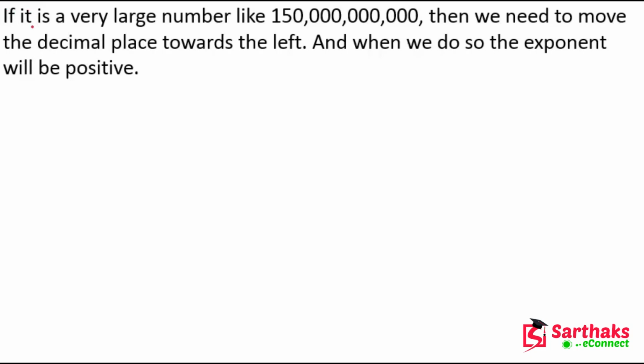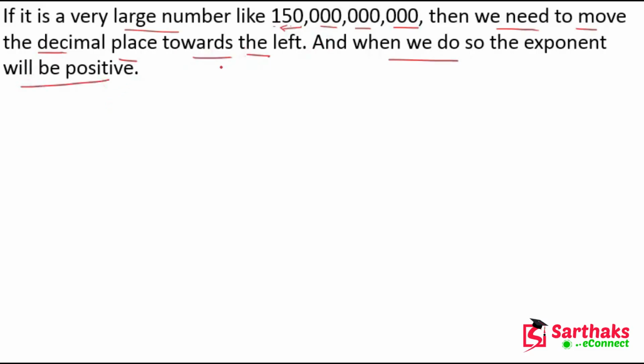If it is a very large number like 150,000,000,000 and we have to convert this into standard form, then we need to move the decimal place towards the left. When we do so, the exponents will be positive.